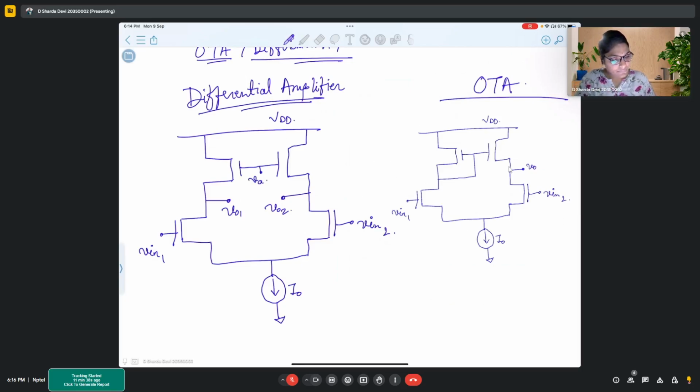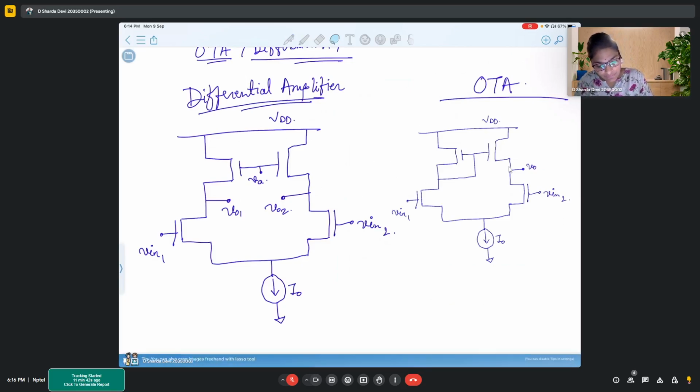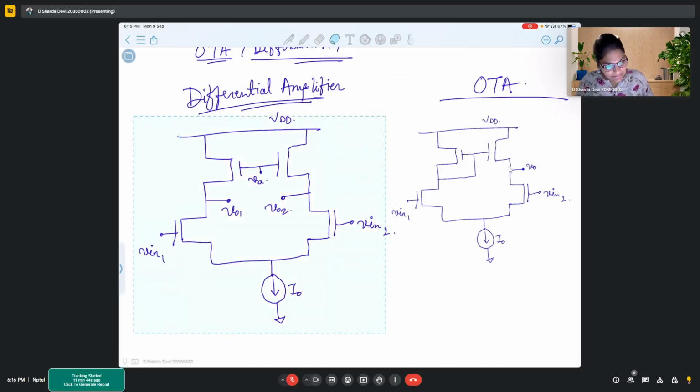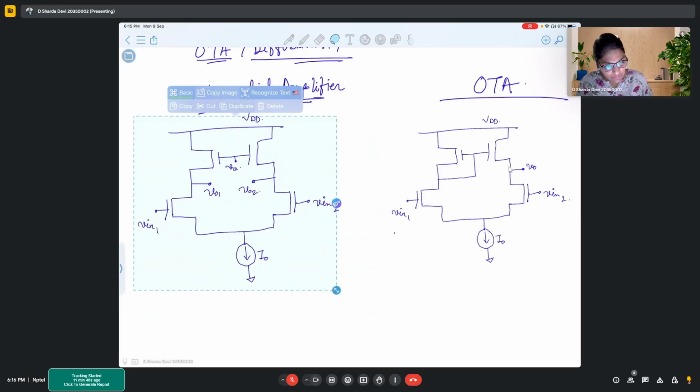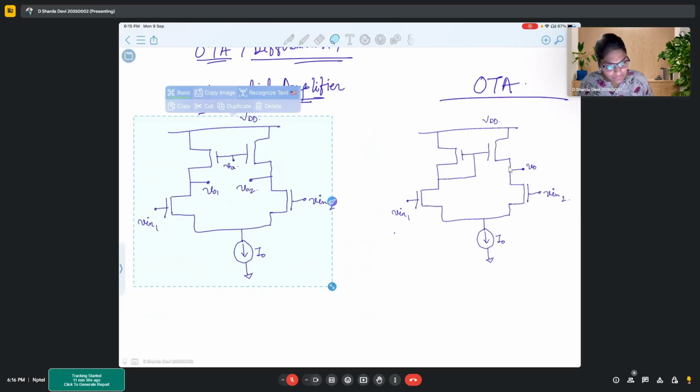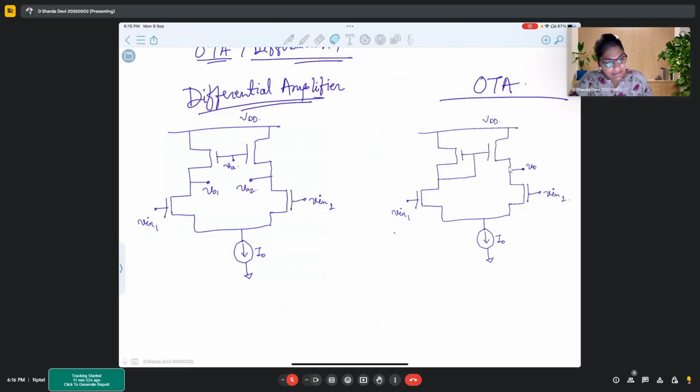Okay. If we observe these two circuits very carefully, we can see that they are similar circuits.